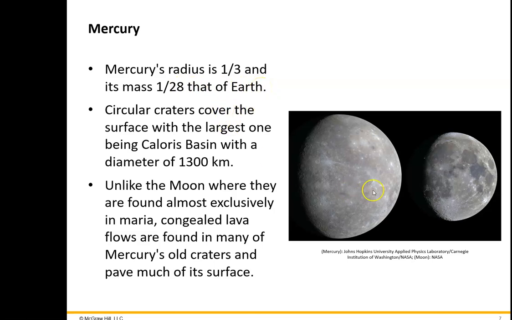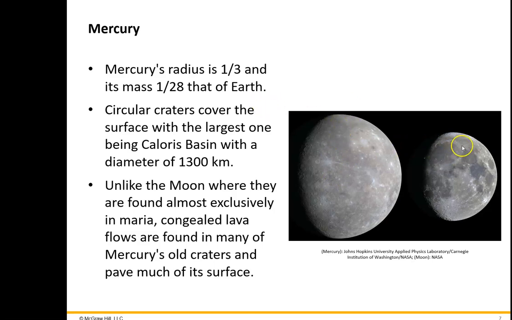It is covered with craters, as I mentioned before. It actually looks a lot like the surface of the Moon. When Mariner 10 got there, people were really surprised that its surface looked a lot like the Moon.